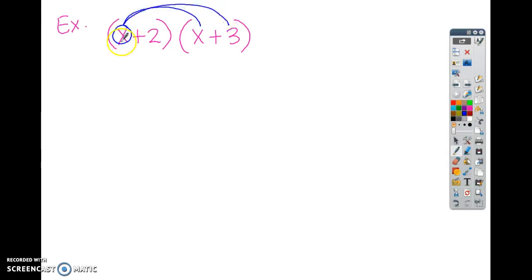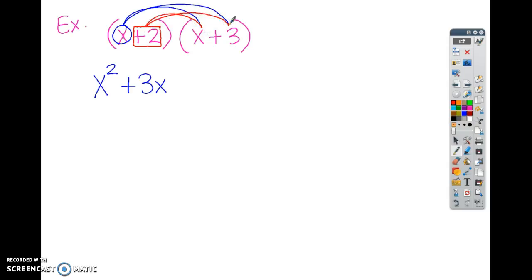So what is x times x? X squared. What is x times 3? Positive 3x. So I did distribution one time, and now I have to do it a second time because I still have this 2 right here that I need to distribute to the x and to the 3.